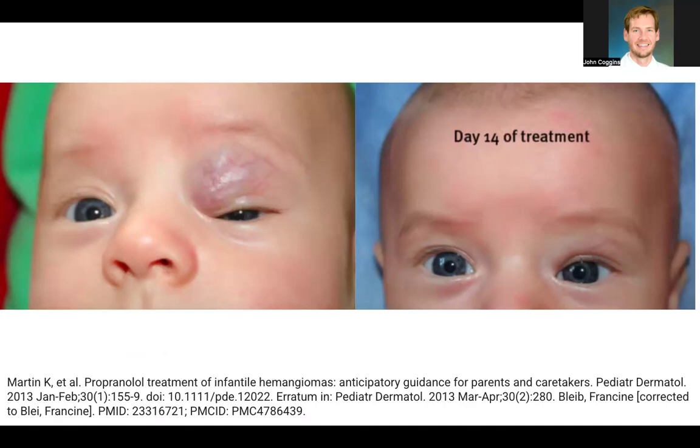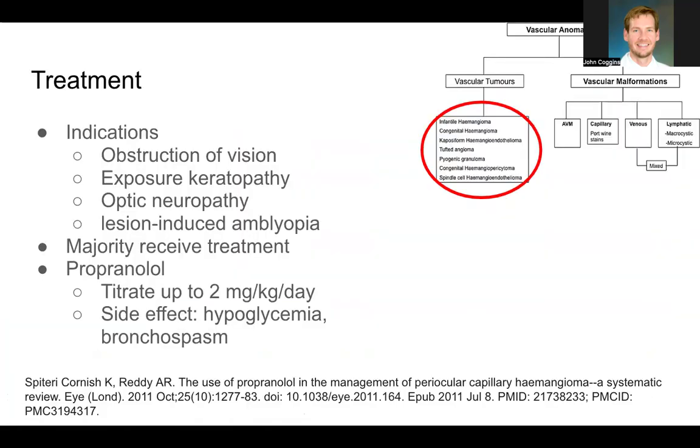So this is an image of a baby with a left upper eyelid hemangioma who was treated with propranolol, which is the mainstay of treatment for infantile hemangiomas. And you could see in this case that he had some ptosis of the eyelid that certainly could be affecting his vision. And within just 14 days of treatment, he has significant improvement.